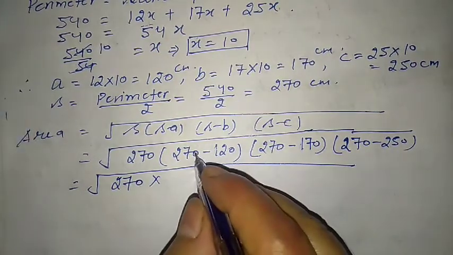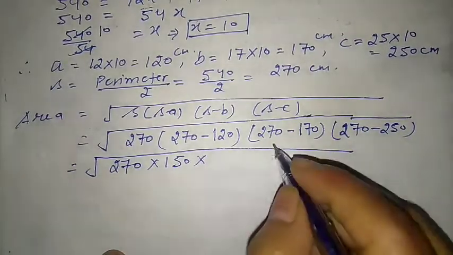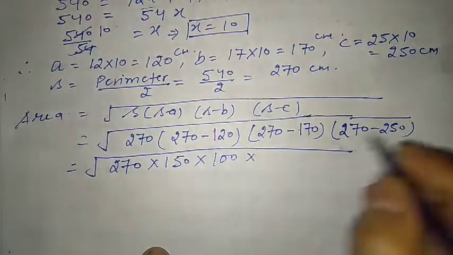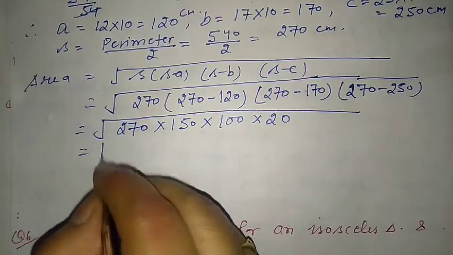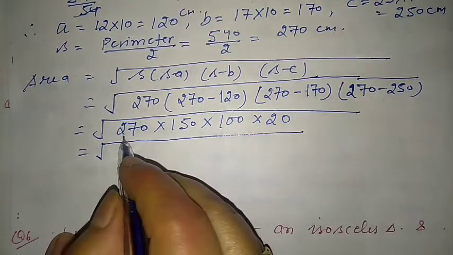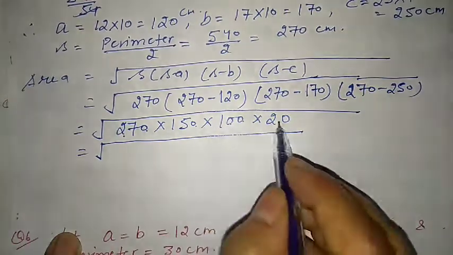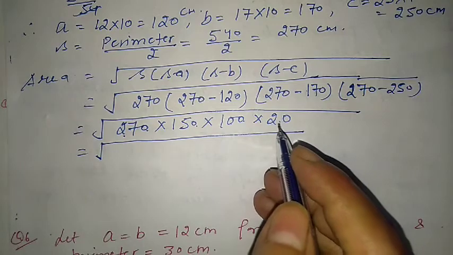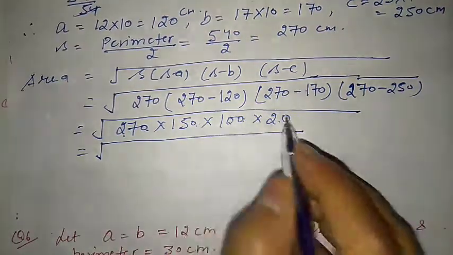If we subtract, we have here 150, here we have 100, here we have 20. So we can write this 27. We can see how many zeros: 1, 2, 3, 4, 5. Five zeros are here.